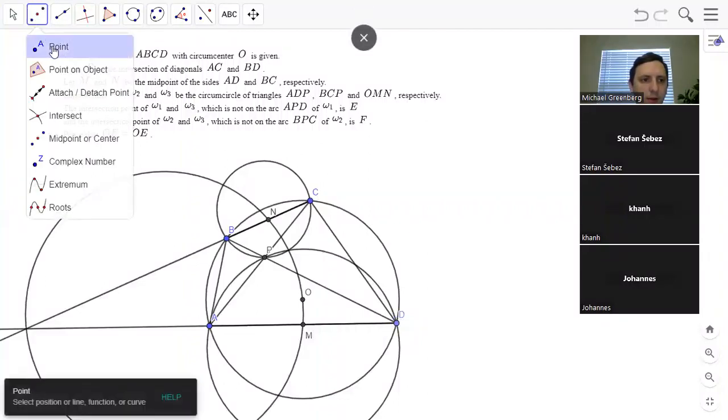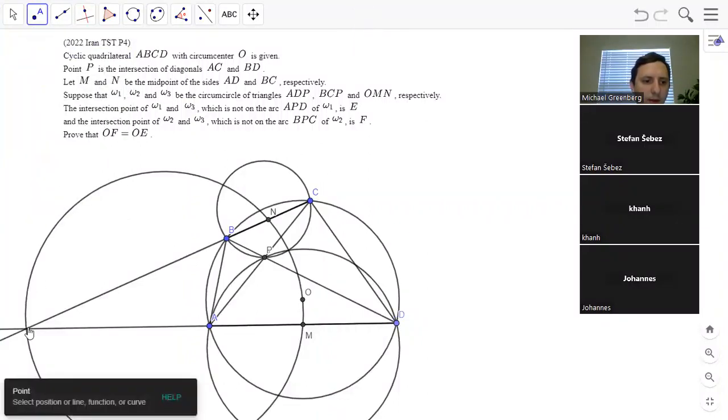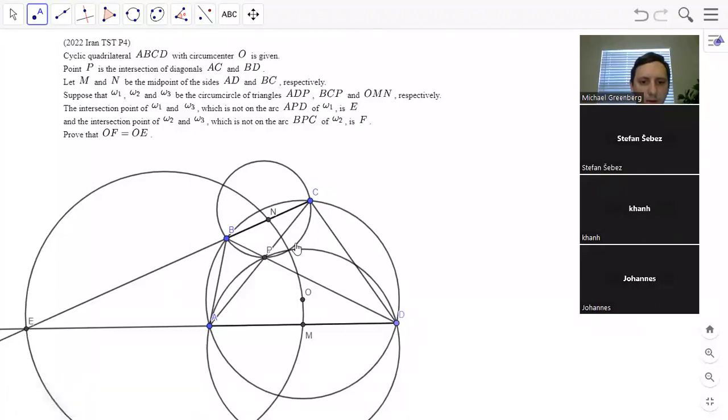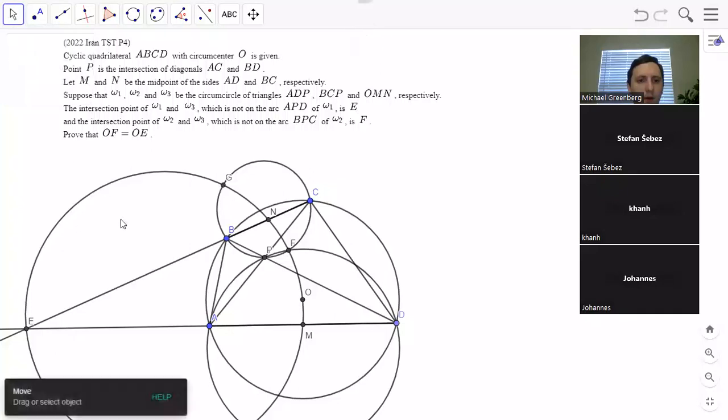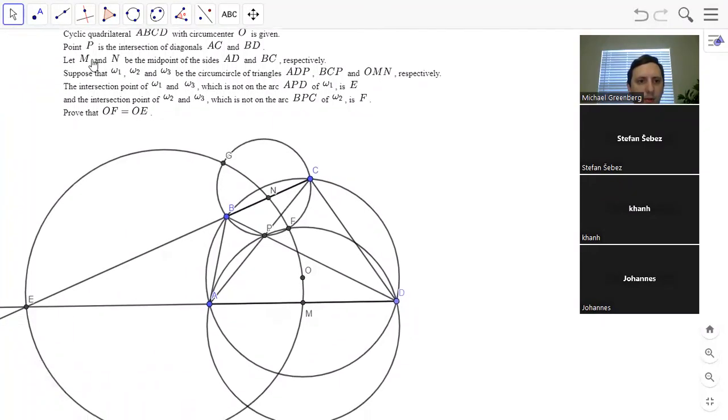Is that obvious? Is that just some Miquel point thing that says that these concur? Yeah, okay. I have to rename them. It says the intersection point. So E and F are really the same point, which is not on the arc APD. Okay, so no, I have to draw these 2. These are really E and F. I'm going to rename a couple things.